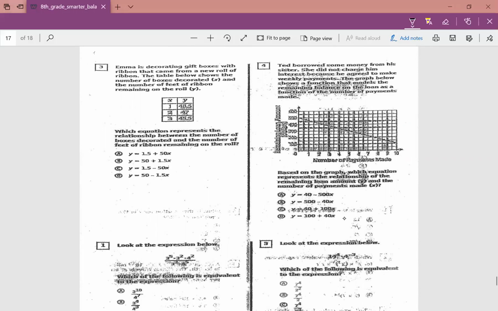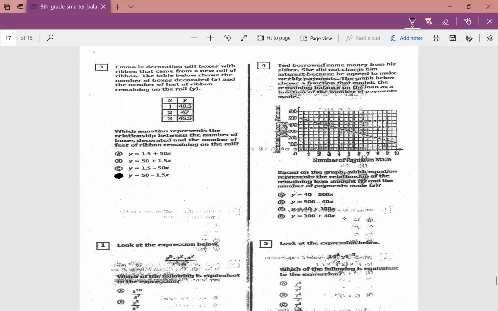Emma is decorating gift boxes with ribbon that came from a new roll of ribbon. The table below shows the number of boxes decorated, x, and the number of feet of ribbon remaining on the roll, y. So the correct answer here is D. And again, you want to look for the change in y over the change in x, and you wind up getting -1.5.